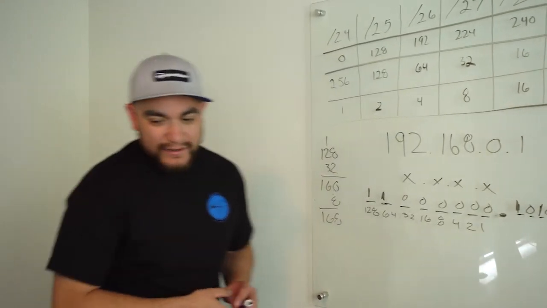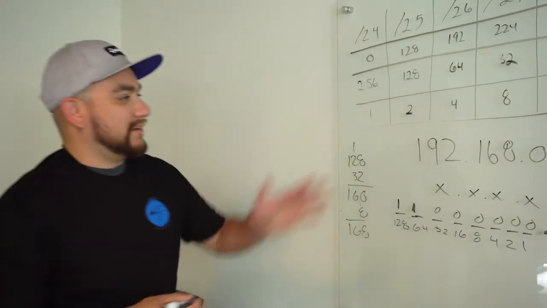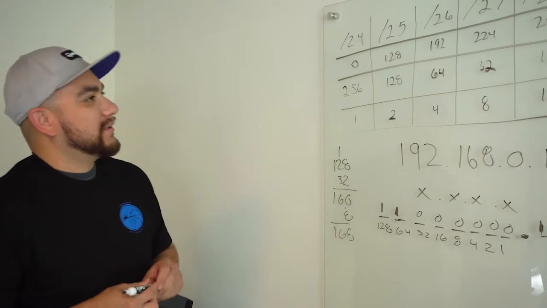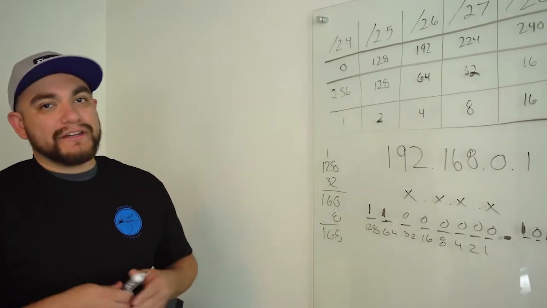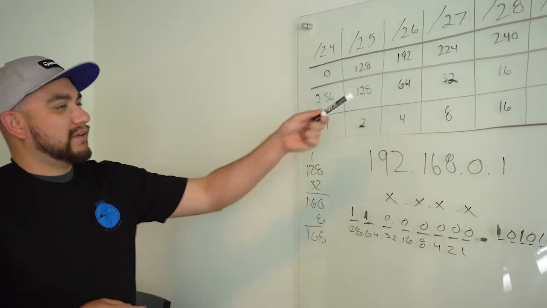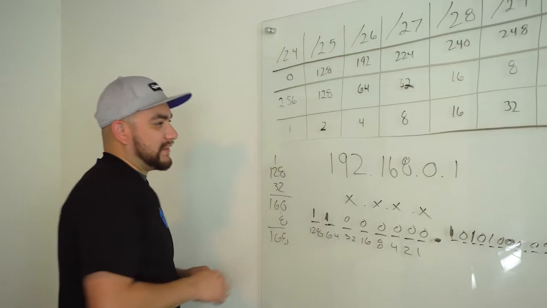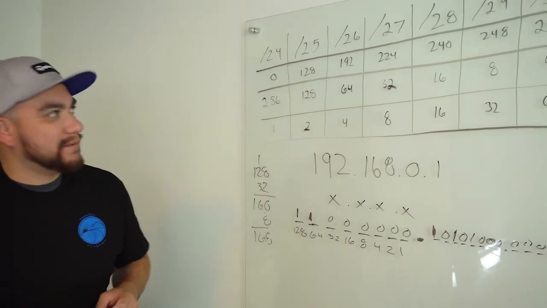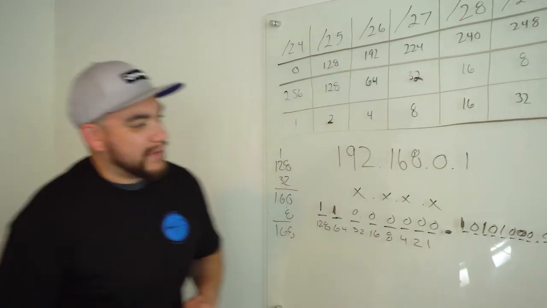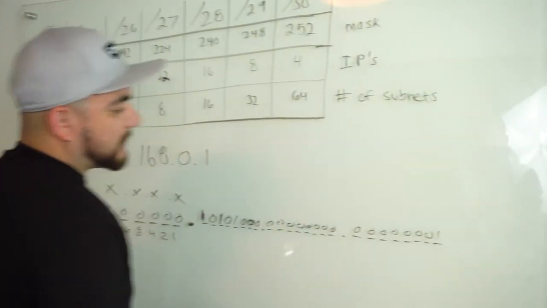So now let's talk about this chart we have here. As you've probably tried already, subnetting can be difficult, but if you follow this chart, it can be quite simple. Within the Class C addressing scheme, we only work within the 4th octet.